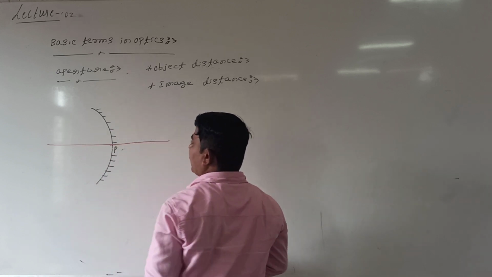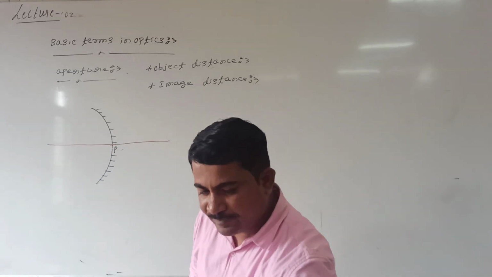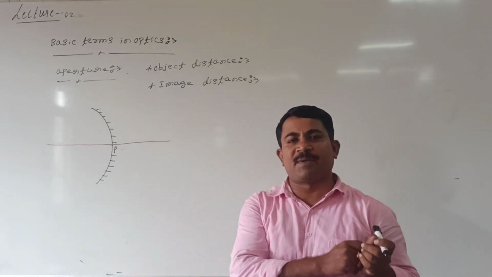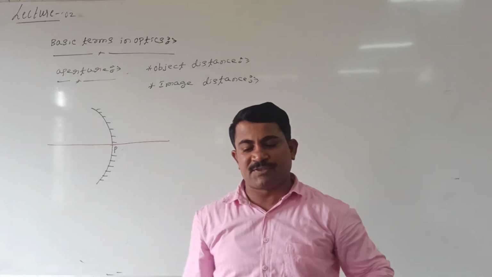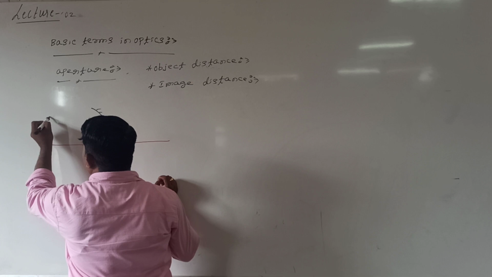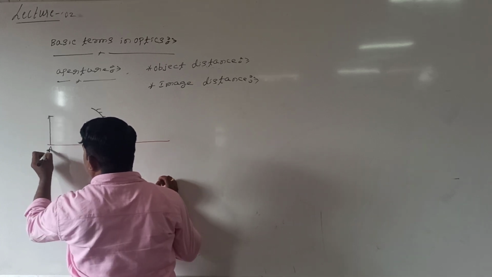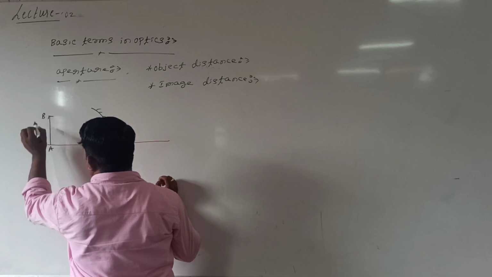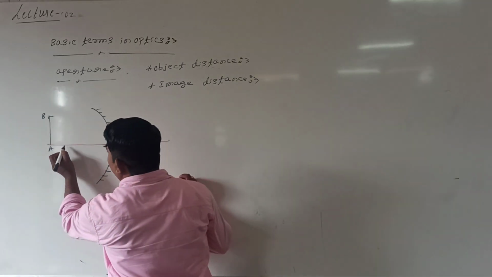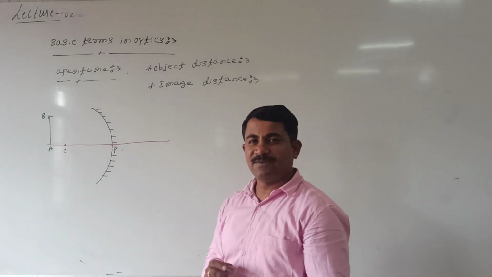Now let us take an object situated in front of the mirror. Say this object is AB. Now this I can call the center of curvature, point C.